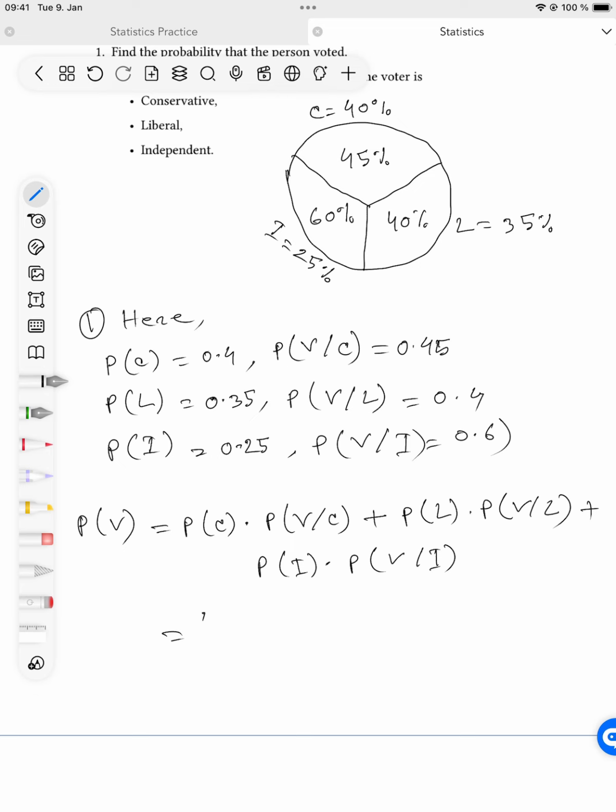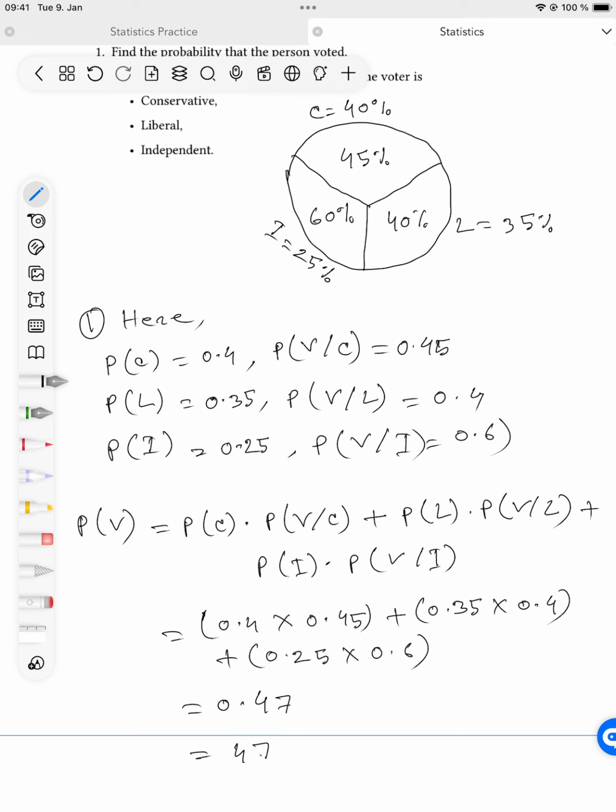So the probability of C equal to 0.4 times 0.45, plus 0.35 times 0.4, plus 0.25 times 0.6. So the total will be 0.47, or 47%.